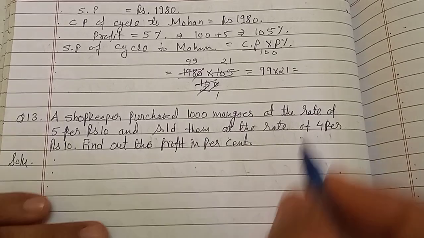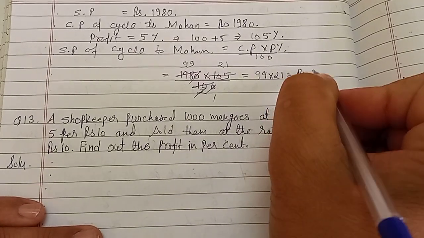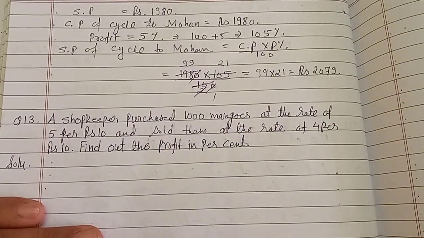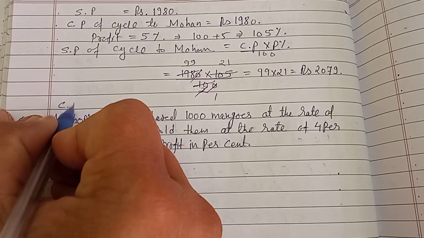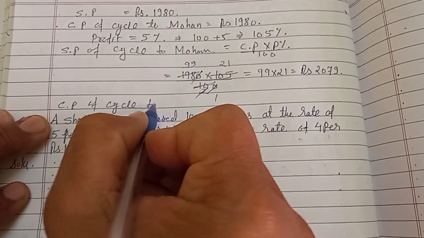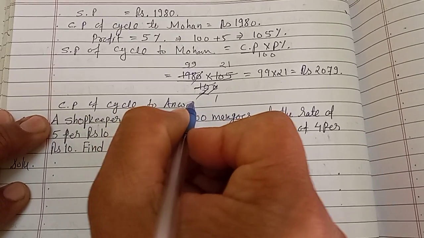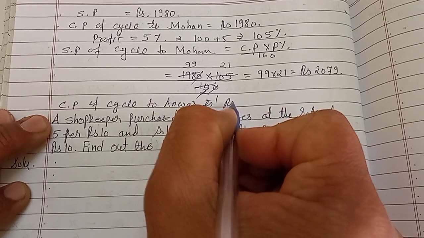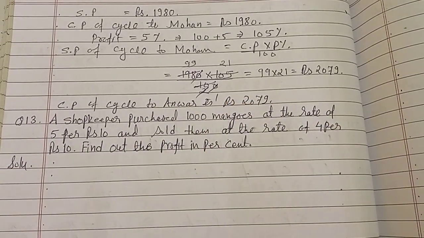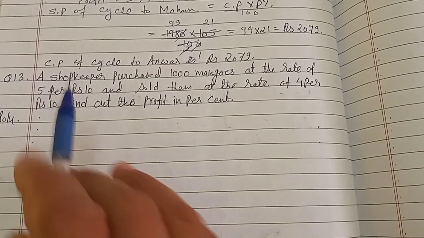How much will it be? It will be rupees 2079. So the cost price of the cycle to Anwar is rupees 2079. Is it clear?